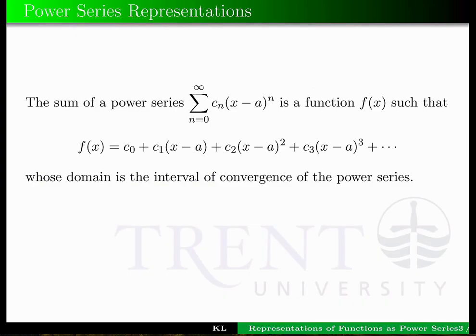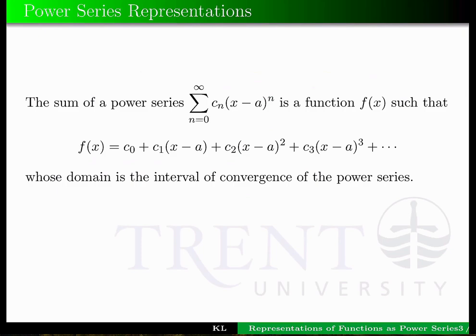So, now, power series representation. The sum of a power series is a function f of x such that f of x equals c_0 plus c_1 (x minus a) plus c_2 times (x minus a) squared plus so on and so forth, whose domain is the interval of convergence of the power series. Recall in our last lecture, we identified where the power series is convergent.